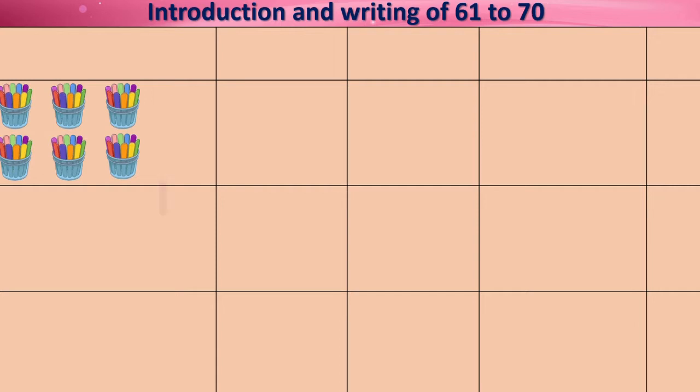Here you can see one more stick, right? Means the same thing we will write in tens and units, so it will become very easy to read, right? Okay, now here how many baskets are there? 6, right? So that is 6 tens, and a single stick only 1, so 1 unit, right?